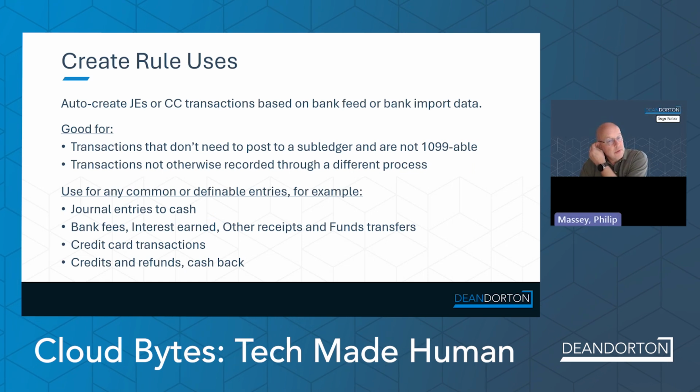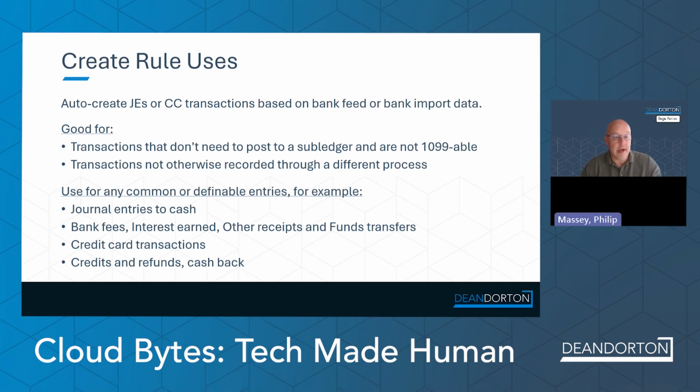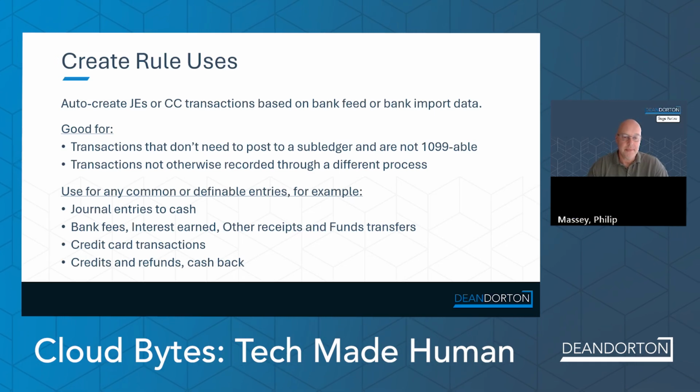So create rules, some uses for that: auto create journal entries inside the system. It's good for transactions that don't need to post to the subledger and are not 1099able, right? Because we're going through bank or GL or something of that nature. We're not running it through AP. If it came through AP, you don't really want to do a create rule for it. You want to find out, maybe it's a match rule, maybe it's something else that needs to be further investigated, right?